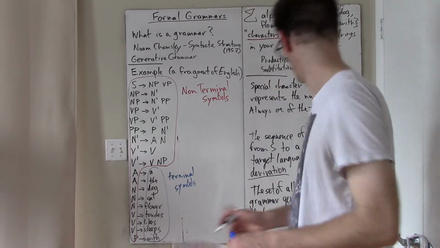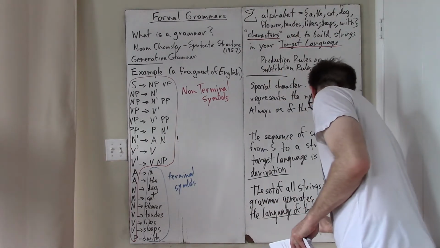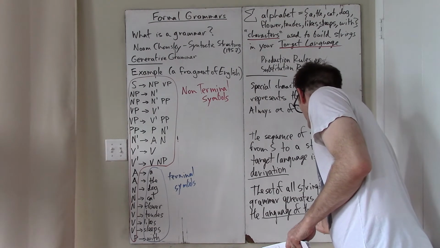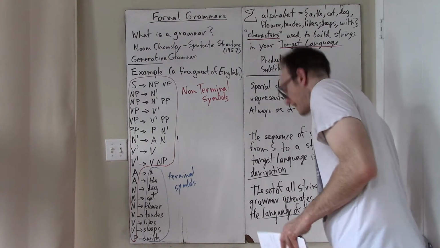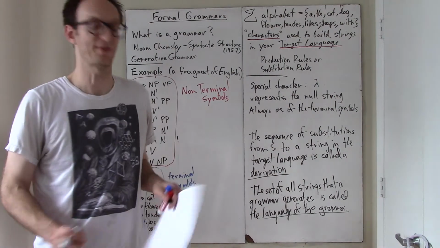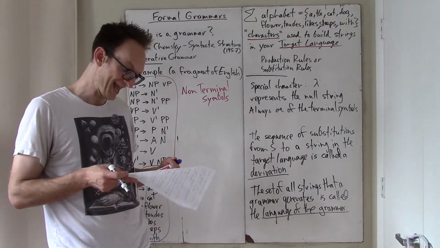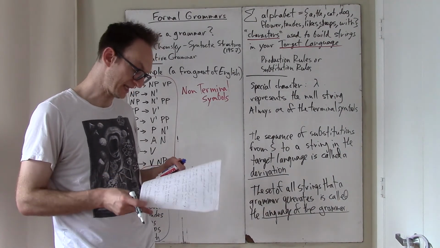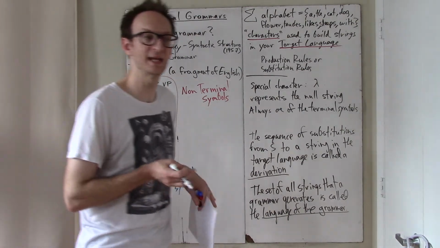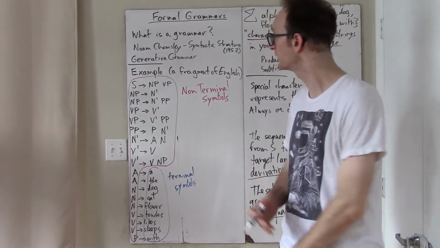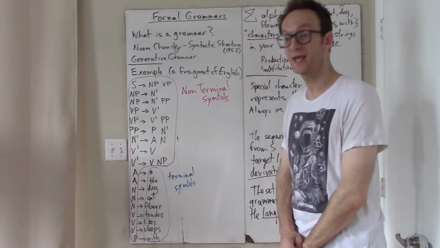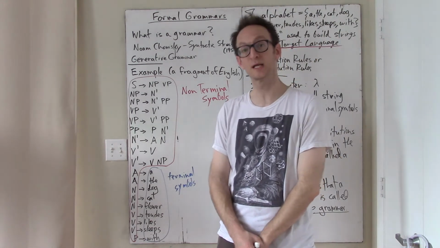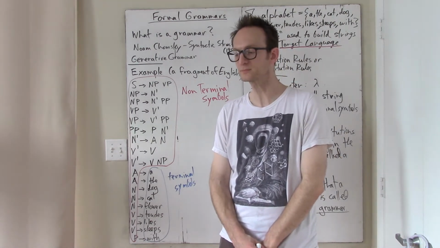Okay. The language of the grammar. So given a particular grammar, the language of that grammar is the set of all strings that grammar generates. And in fact, given any non-trivial grammar, it will always generate an infinite number of strings.